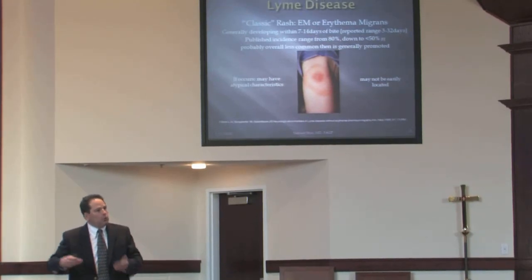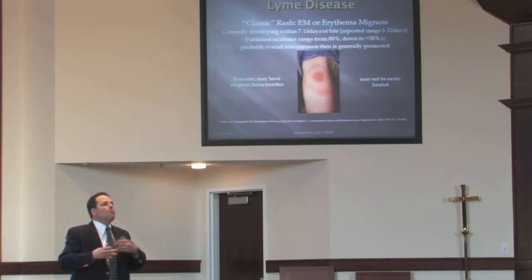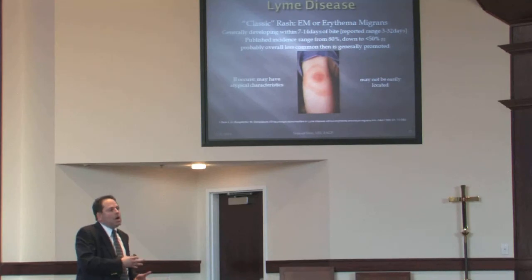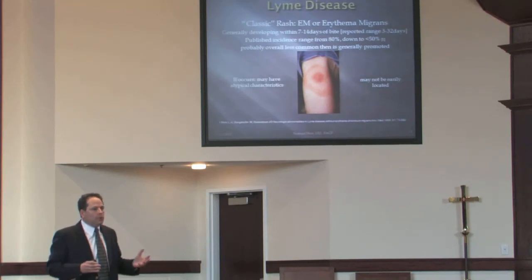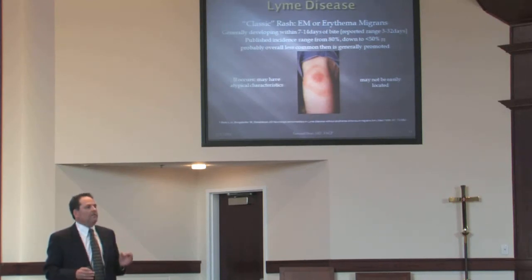You had to have a rash in order to be included in the study, so much of the literature suggests that 80% or some odd number of people who get a tick bite are going to get a rash. Well, further research suggests that perhaps less than 50% of people with a tick bite and infected with Lyme are going to develop this rash.